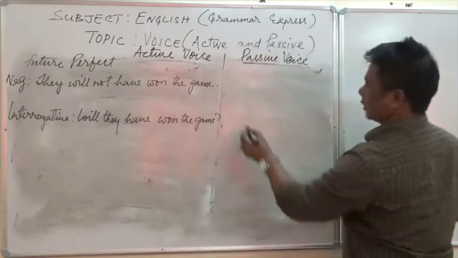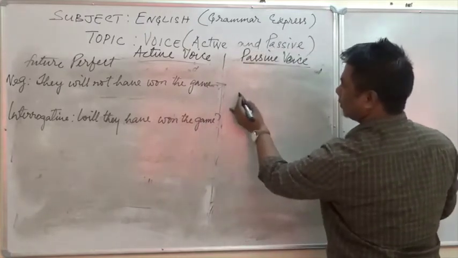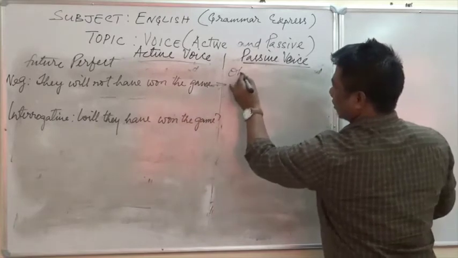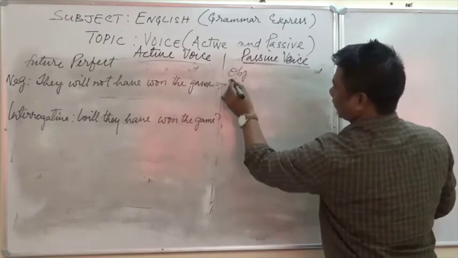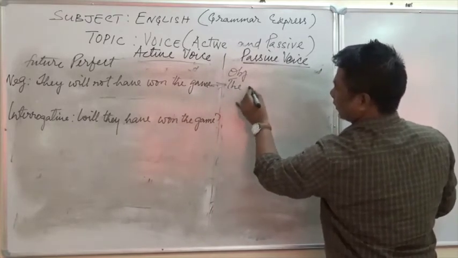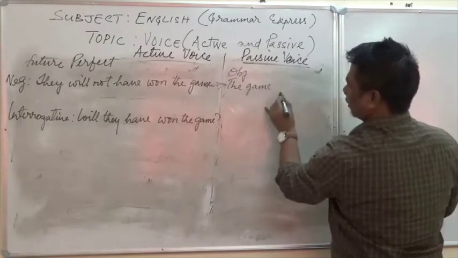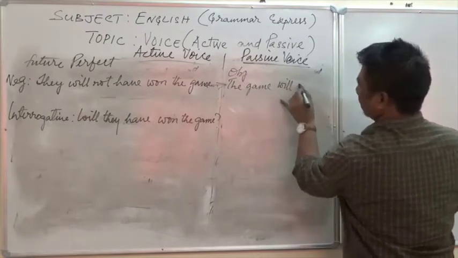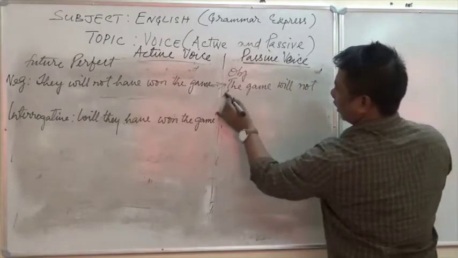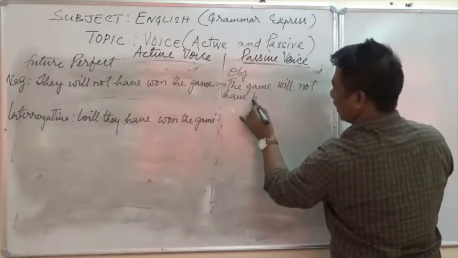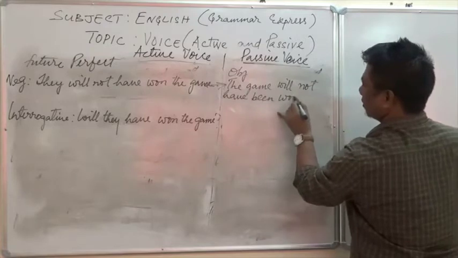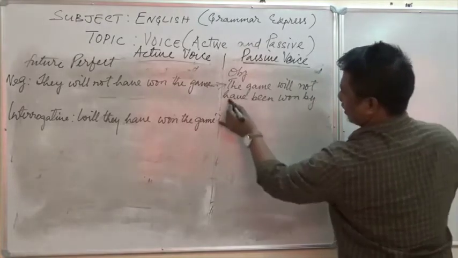So how to change here? For the negative, we take the object. What is the object? The game. The game will not have been won by them.